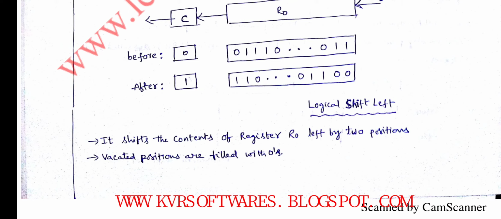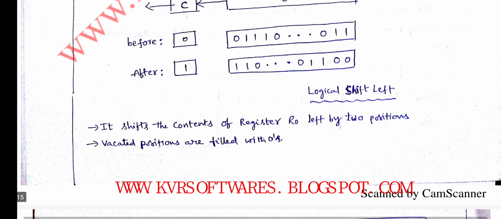So you have to move the bits towards the left by two positions. One position is moved, and the rightmost bits are filled with zeros, right?